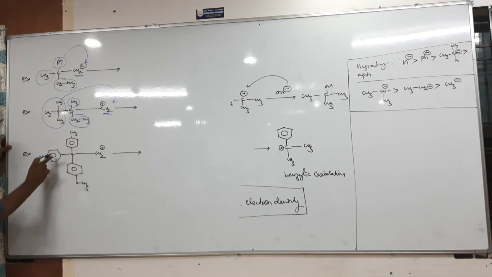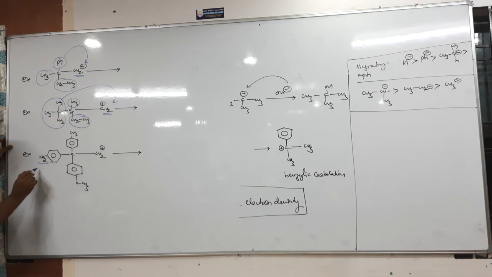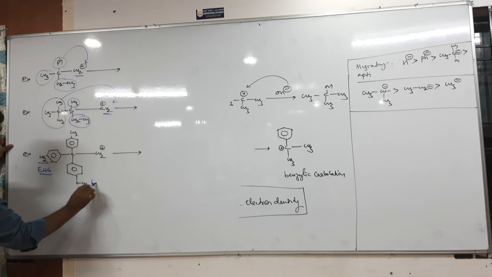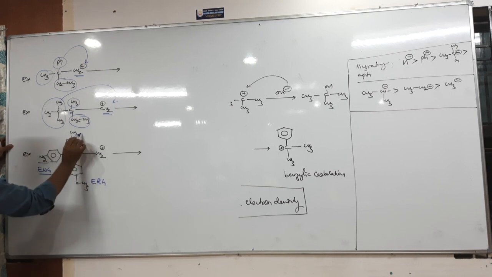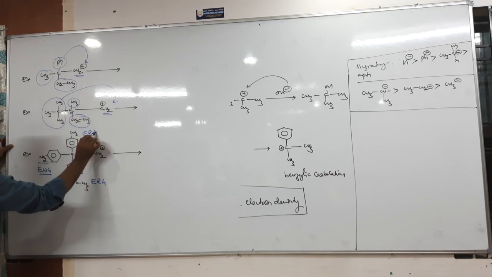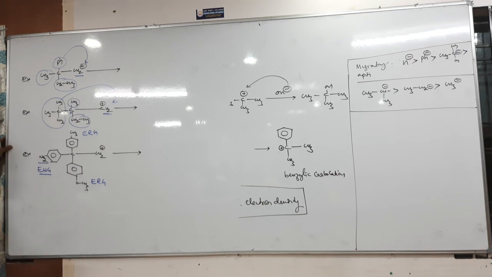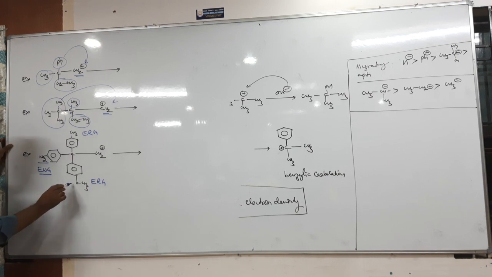Next, here all are phenyl rings, 3 are phenyl rings. But the phenyl ring is attached to an electron withdrawing group and electron releasing groups. This is an electron releasing group, this is an electron releasing group. Both are electron releasing groups, which means electron density is more. Among the two electron releasing groups, which has more electron density?